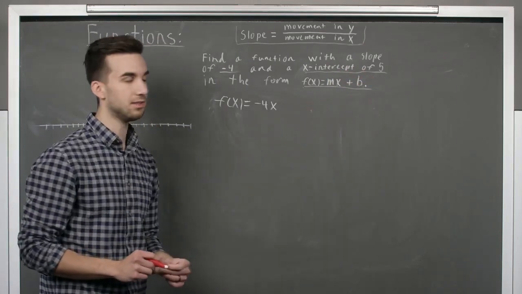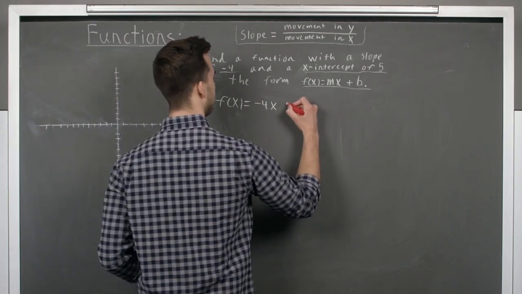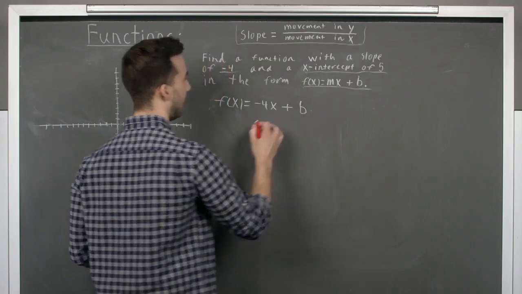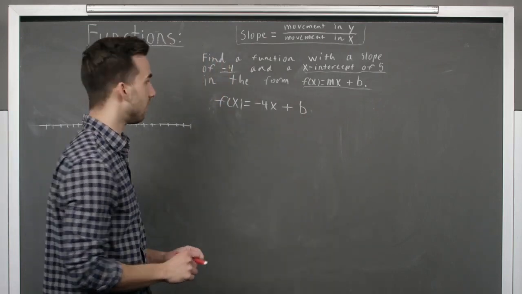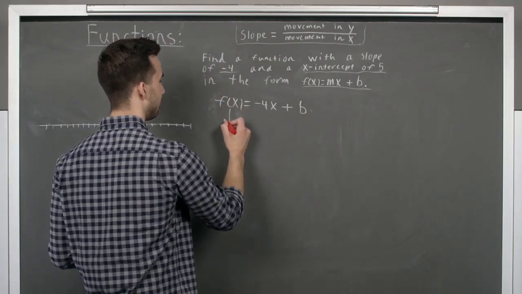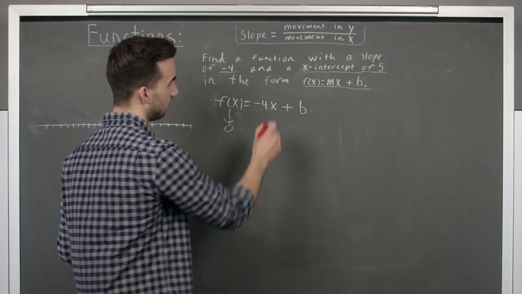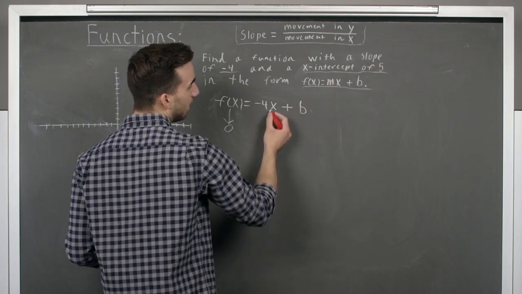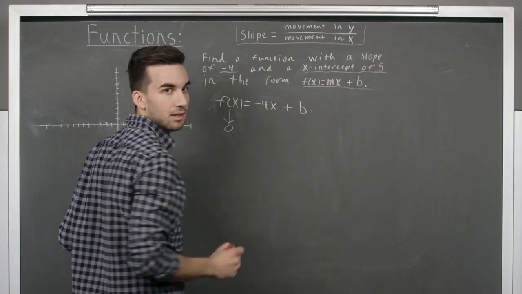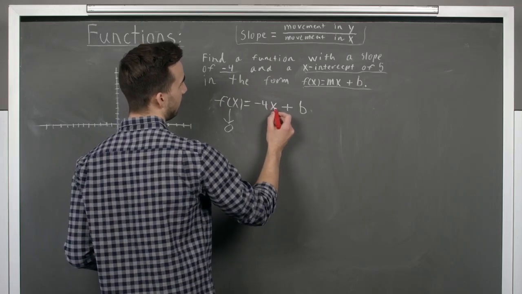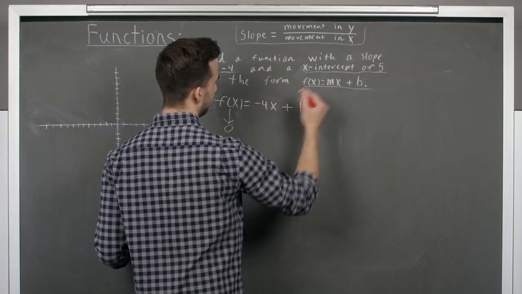So what we're going to do is we'll just write plus b for now, and then we know at the x-intercept our function is equal to 0 and our x is equal to 5, right? Because when finding our x-intercept, we solve for x, but we already know that we want x to be 5.